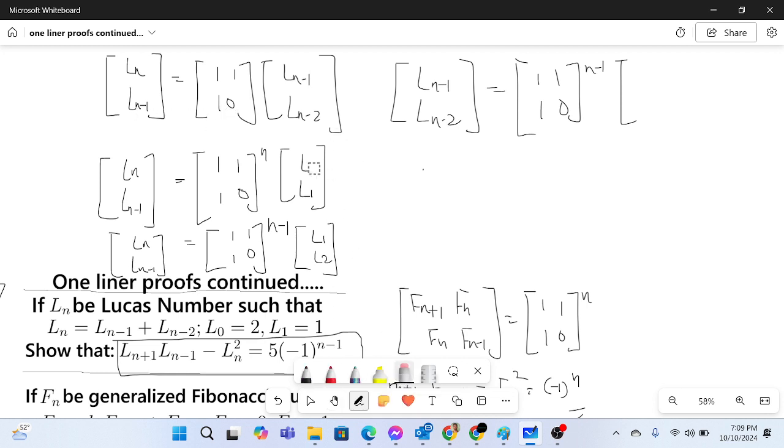Sorry for this, it's supposed to be L1 L0, because only then L1 will be in the denominator of the next vector, right? So there's L2 L1. Now this will be n plus 1, I guess. Now with n minus 1, this should be L_{n+1}, and this should be just L_n. Over here this should be n plus 1, and this should just be L_n, right?